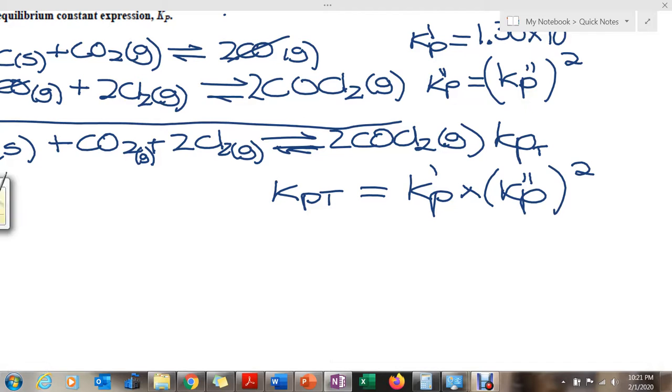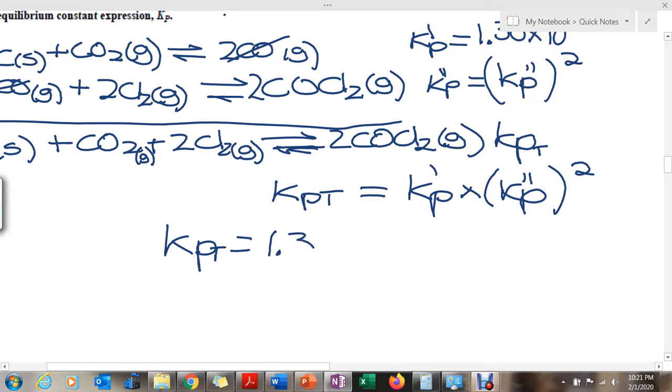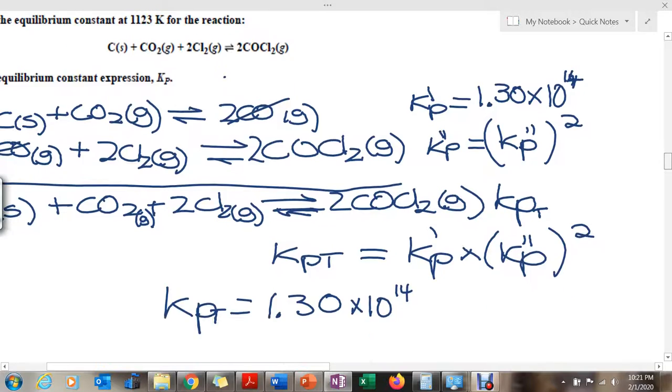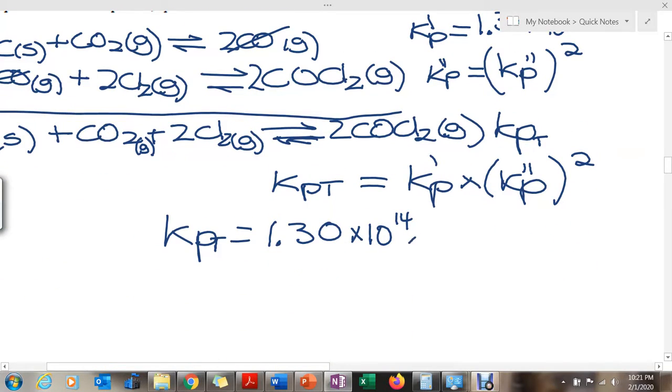So the total Kp, which we can call Kp3, would be the first one, 1.30 times 10 to the 14, which doesn't change, and the other one is 6.0 times 10 to the negative 3, squared.